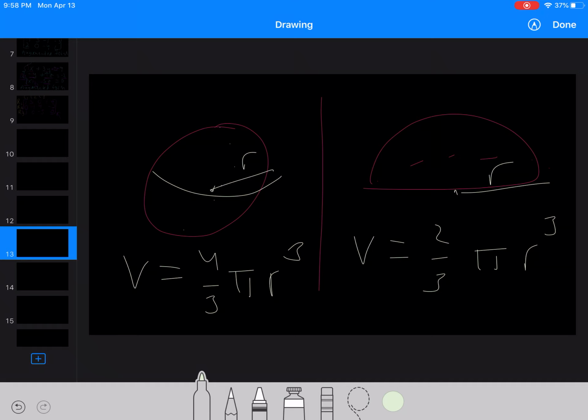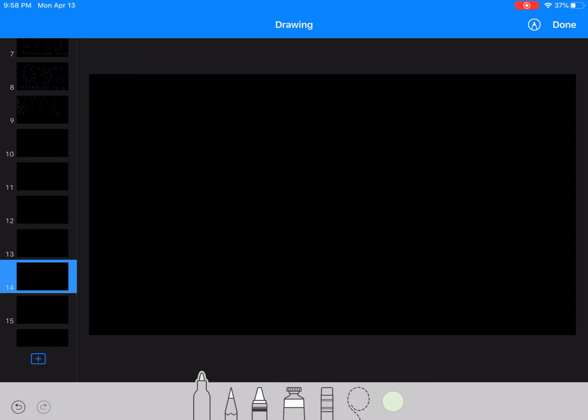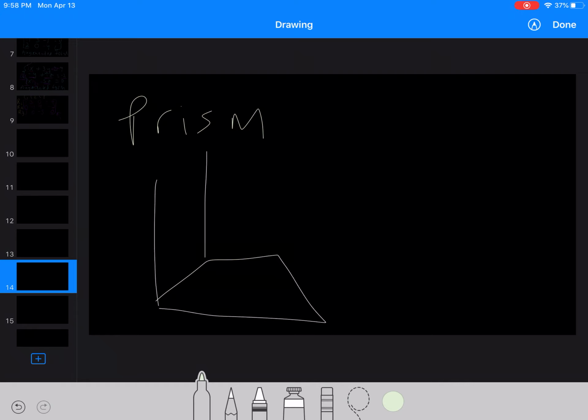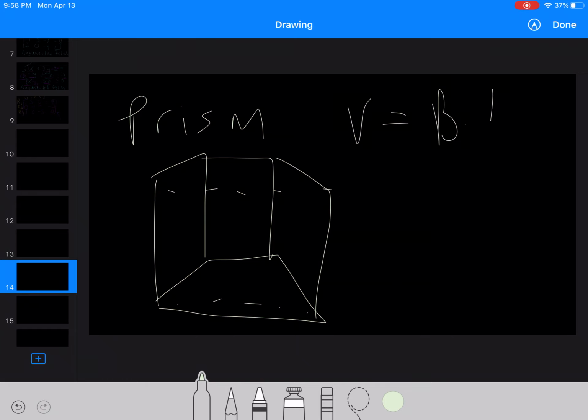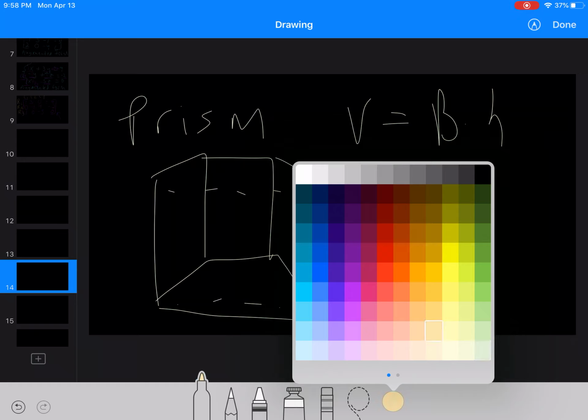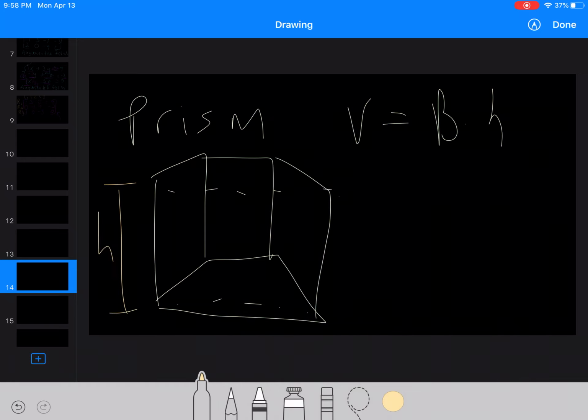Okay, let's write down some basic base formulas here. Let's say we have some prisms now, and let's say this prism has a trapezoid as a base. So let's look at this base. Remember, the prism volume is just capital B times h. We will be given this height h, and we just need this base to find the volume.